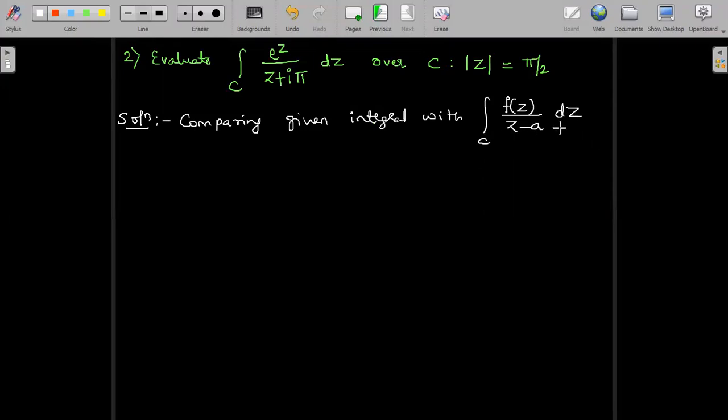That is the reason we compare with this. So we have f(z) equal to e^z, and the point a is equal to minus iπ.